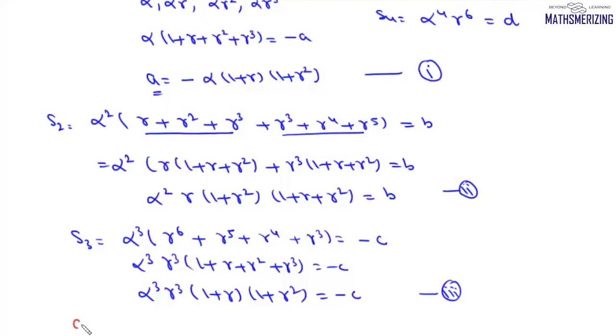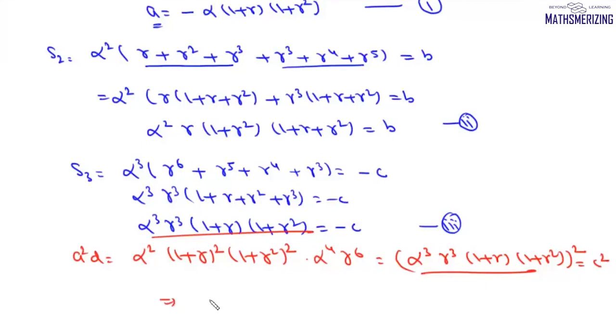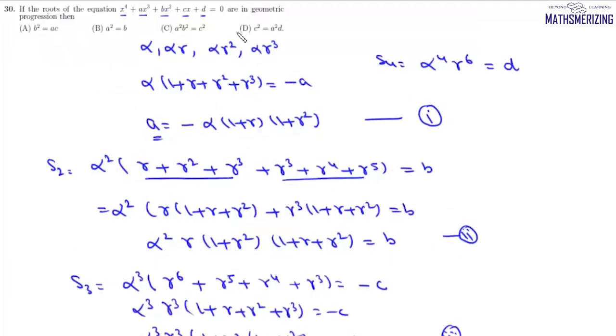A square into d will be alpha square into 1 plus r into 1 plus r square whole square into alpha to the power 4 r to the power 6, and we can write this as alpha cube r cube into 1 plus r into 1 plus r square whole square, and this is nothing but minus c, so it will be c square. So the result that we'll get from here is a square d equals c square, which is your option D.